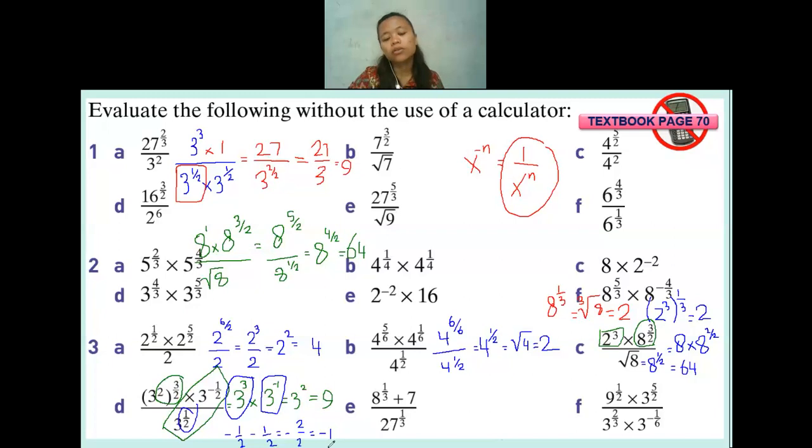So now we have 27 divided by 3. 27 divided by 3, the answer will be equal to 9. Same thing. So is there anyone who still gets confused?